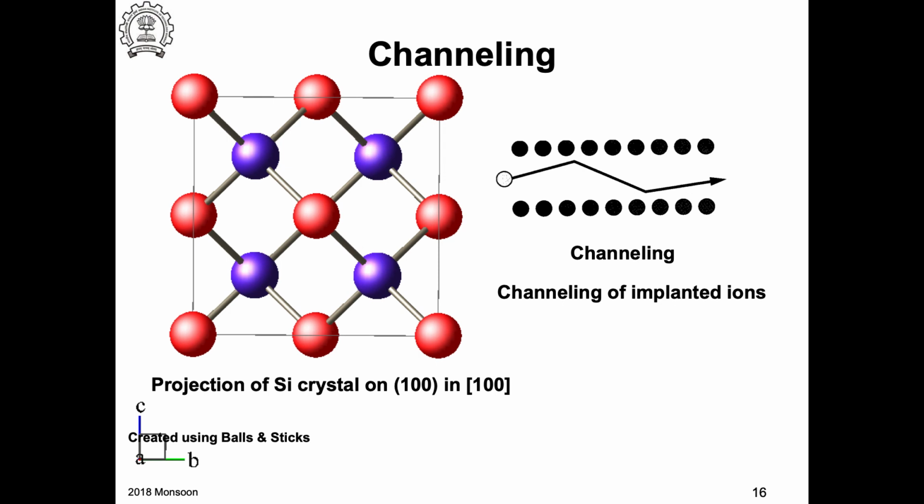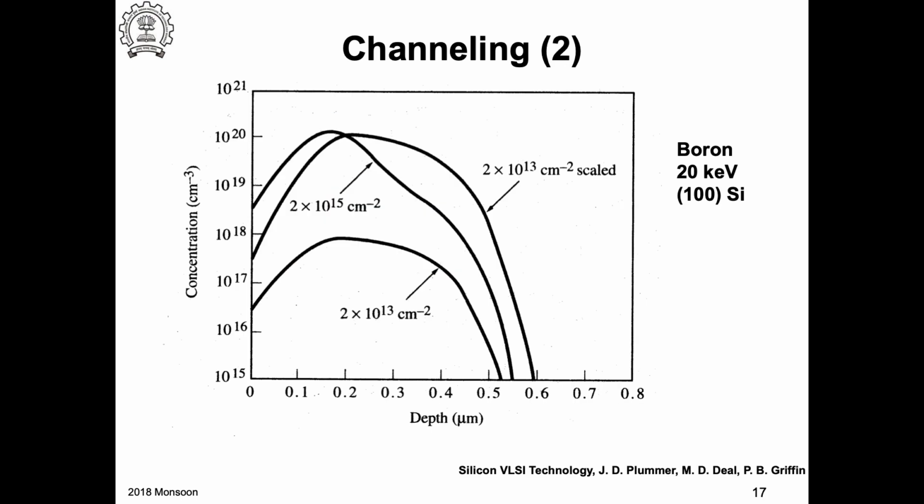When you do the implantation, channeling will happen if the material is crystalline. Very important. This is a comparison of two implants. One is done at 2 × 10^13 dose, and this is 2 × 10^15 dose.